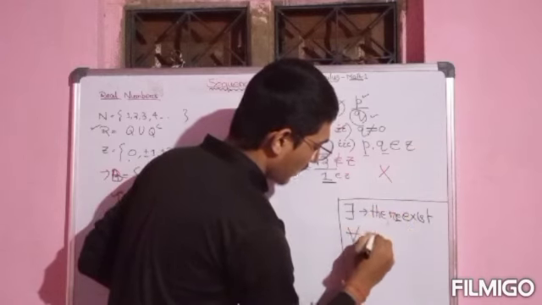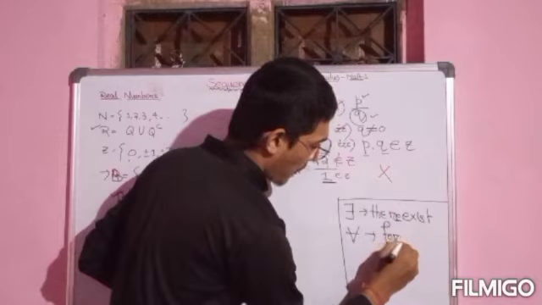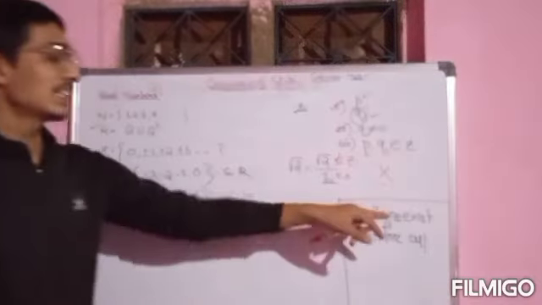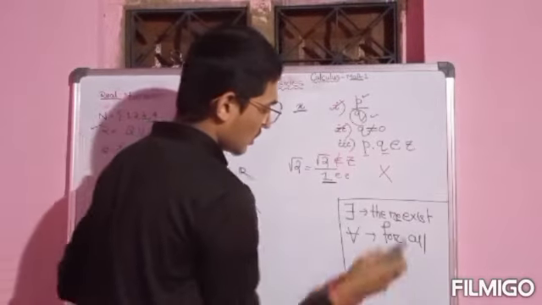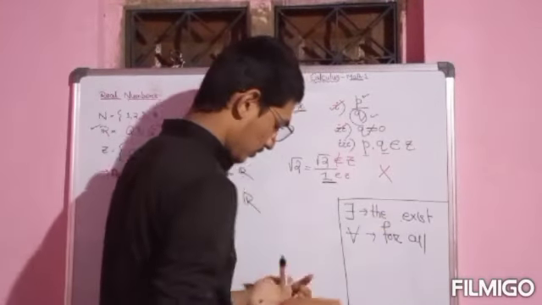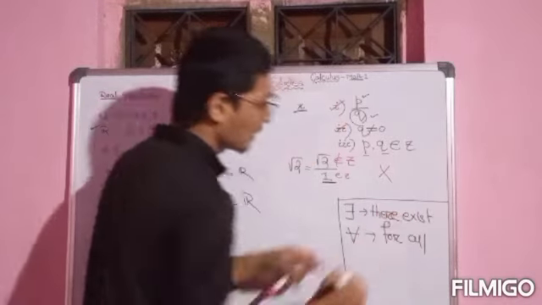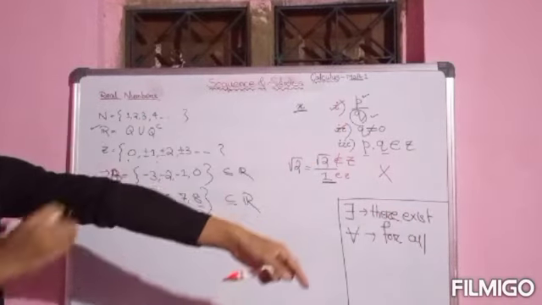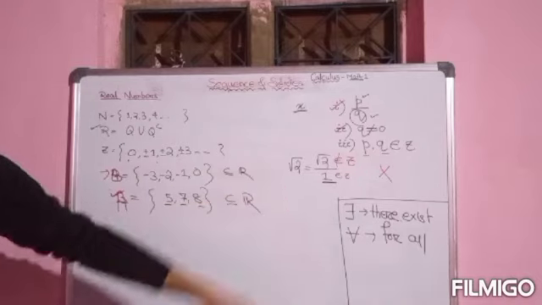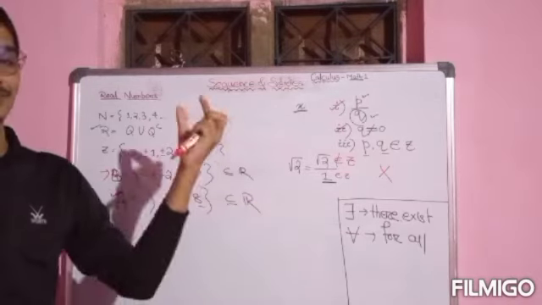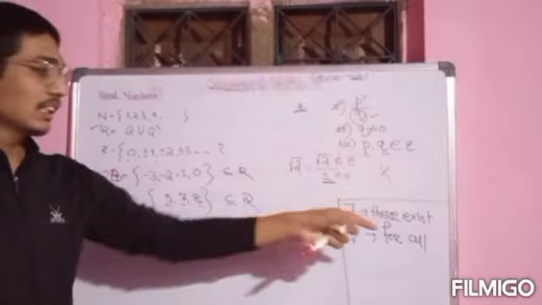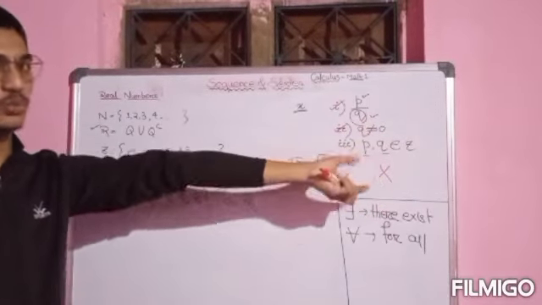And this symbol denotes for all. We will come across this symbol or this word many times. That's why I'm writing this: there exists, or you can say for at least one.